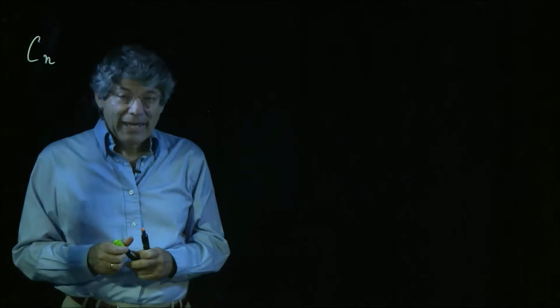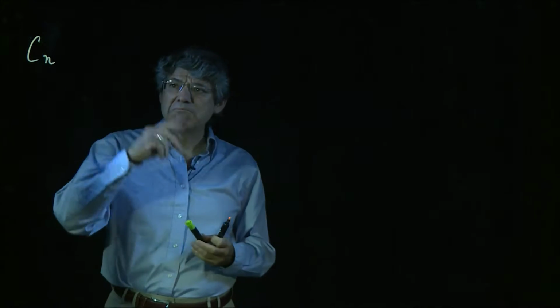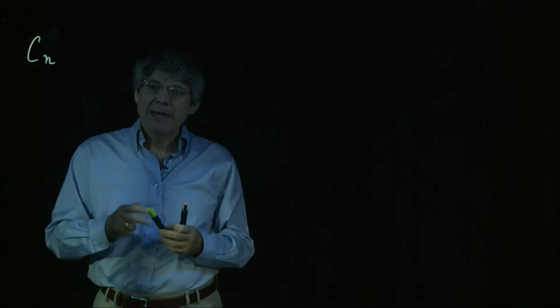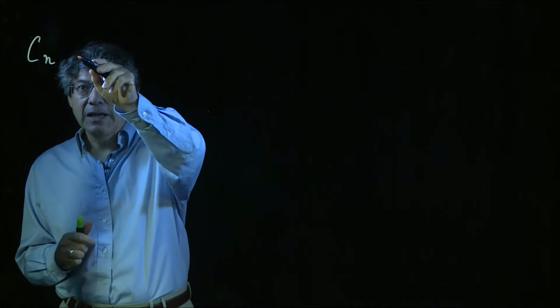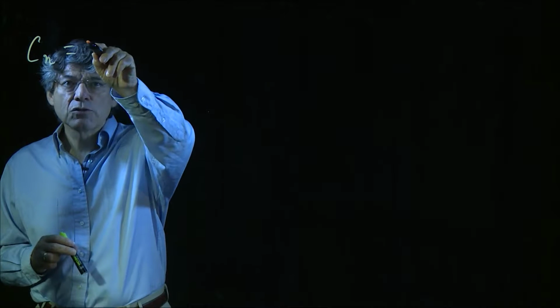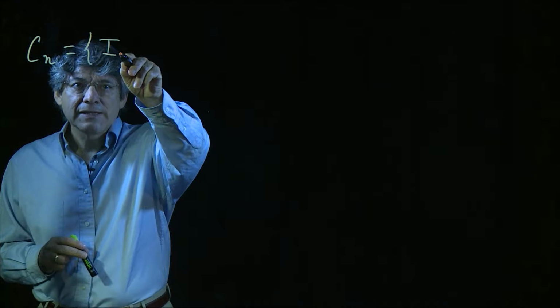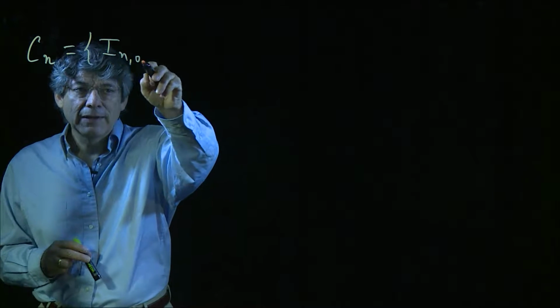So a column Cn consists of a sequence of levels. We will use C or Cn, but at the nth stage we will have a column Cn, so we might as well denote it by Cn. It will consist of a sequence of levels, and we will denote our levels I sub n0, since we are at the nth stage.